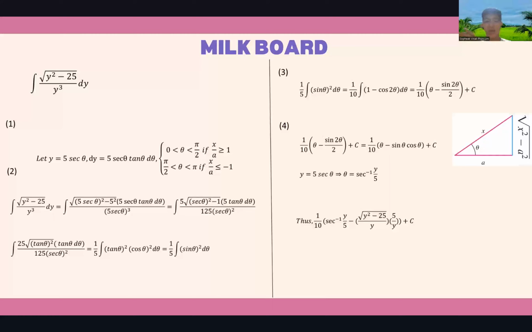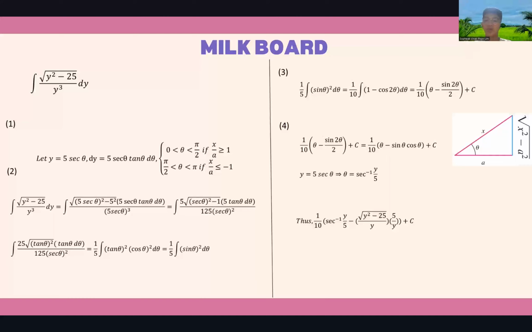And in the fourth step, we have to reverse it back into the original form of the variable. So we have 1 over 10 of theta minus sine 2 theta over 2 plus c. And from the reference triangle, where y equals 5 secant theta, we let theta equal secant to the power of minus 1 of y over 5.